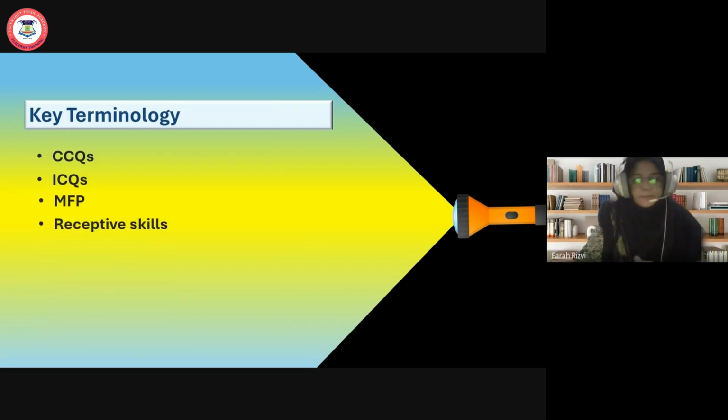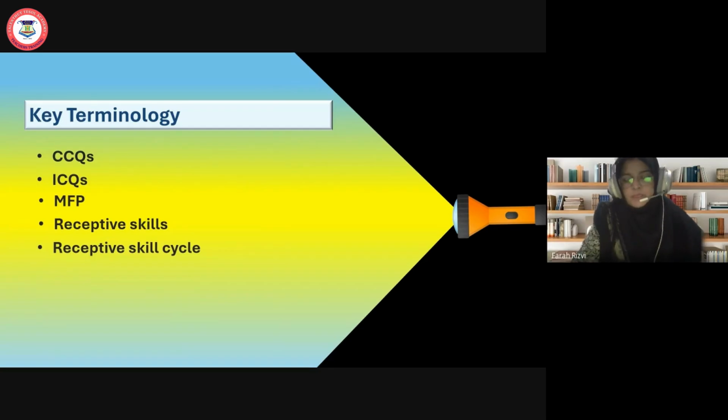Receptive skills. Receptive skills mean reading and listening. Receptive skills cycle: when you are delivering a lesson of a receptive skill, you are going to follow a PET cycle. Like you are going to assign a task, they will do it individually, then they will discuss it in pairs, then they are going to discuss it with the whole class.